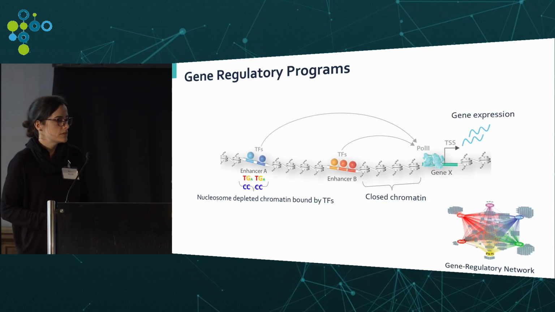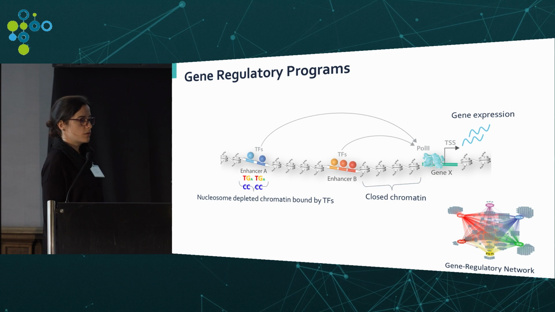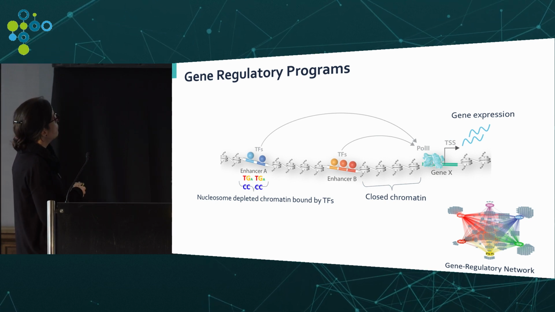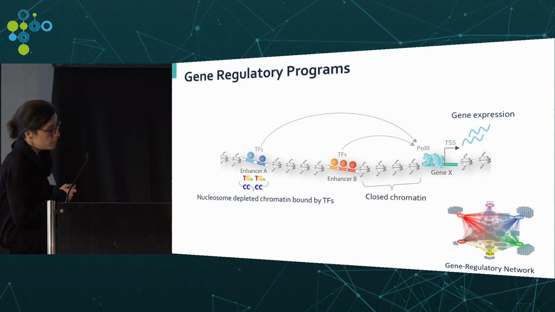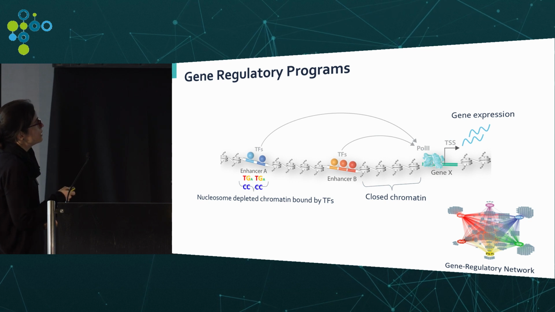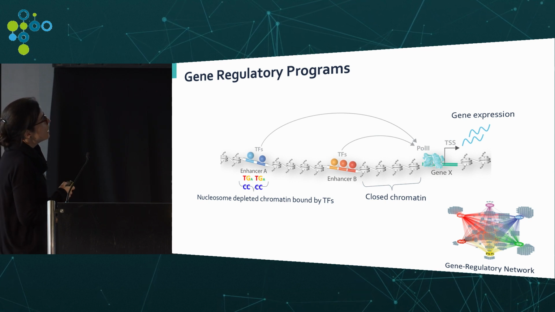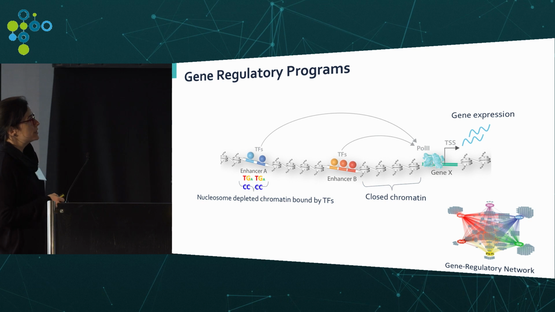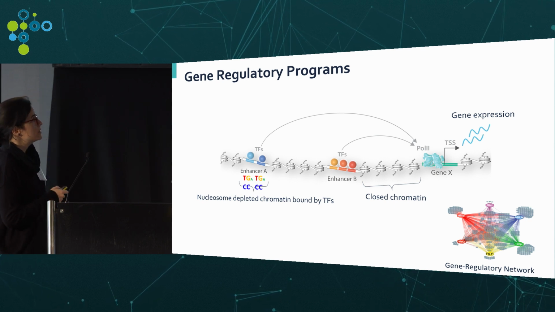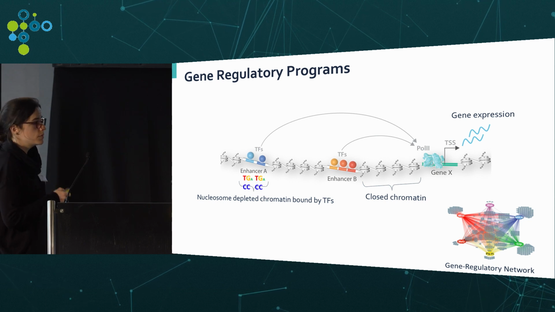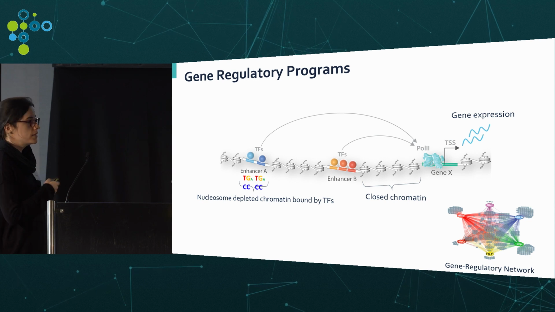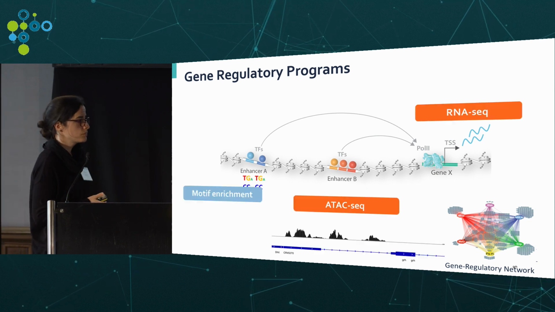The regulatory programs are driven by these regulatory regions, such as enhancers and promoters, where transcription factors bind by recognizing specific DNA sequences and regulate the expression of their target genes. This association of transcription factors with their target genes is what is represented in gene regulatory networks. Note that in the same way that a transcription factor can regulate multiple genes, different transcription factors can regulate the expression of a single gene depending, for example, on the cell type.